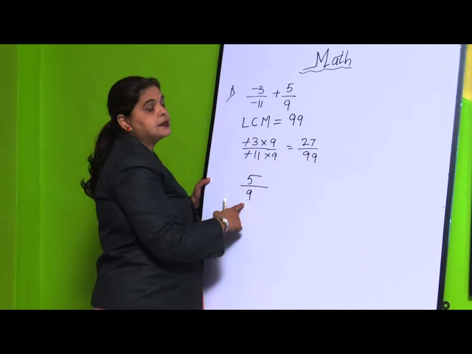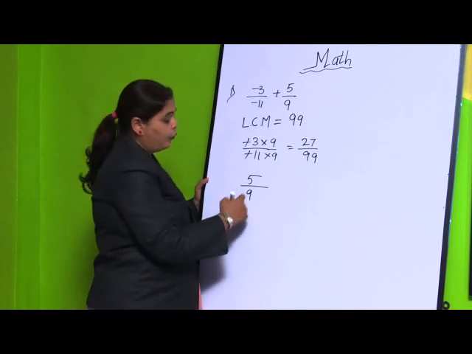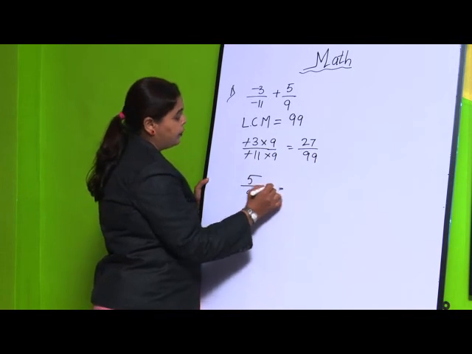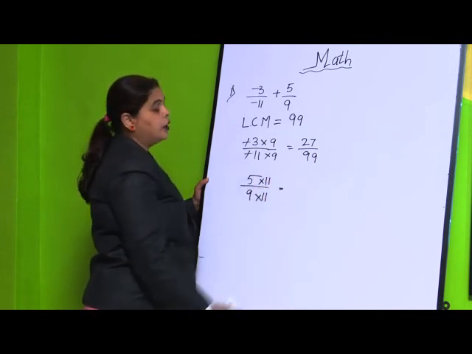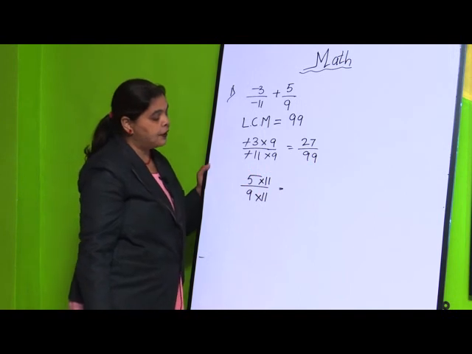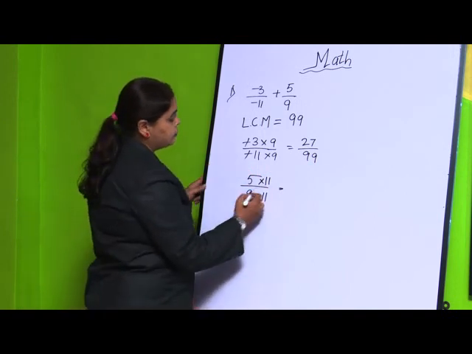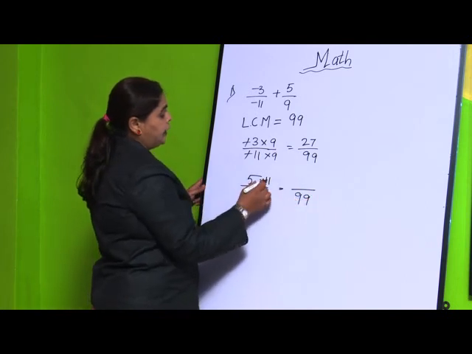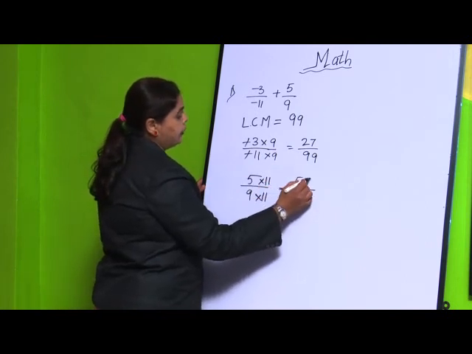To make this denominator 99, we have to multiply it by 11. So we will multiply the same in the numerator. So here the denominator will be 99, and 11 5s are 55.